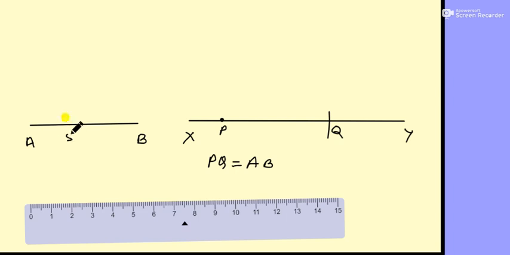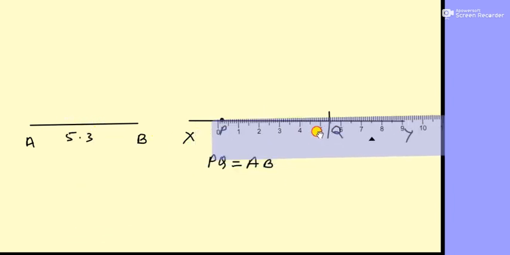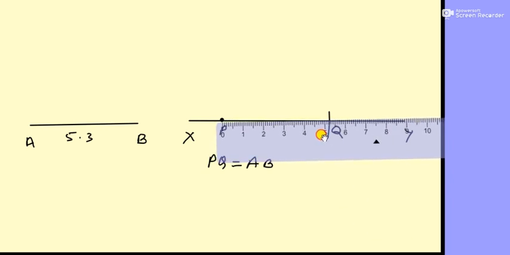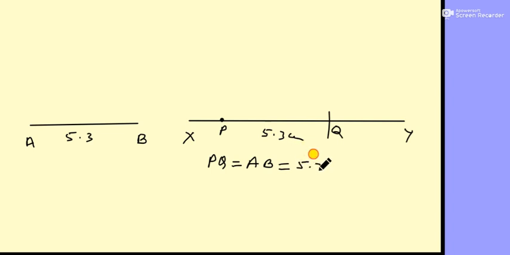Now you can see here PQ is also 5.3. So remove the scale and write here it is also 5.3 centimeter. So both are equal, 5.3 centimeter. As you have seen, PQ is the line segment equal to AB.